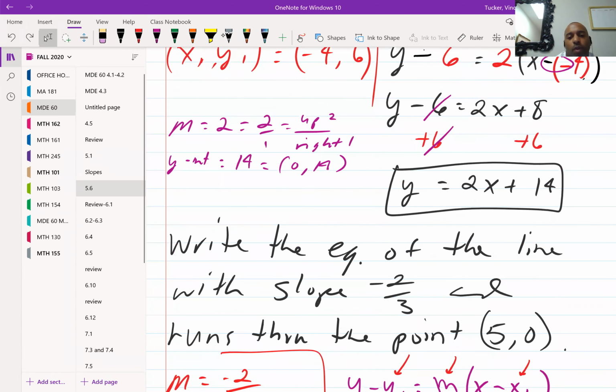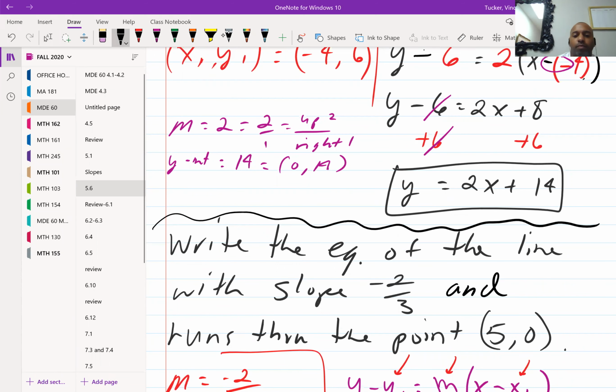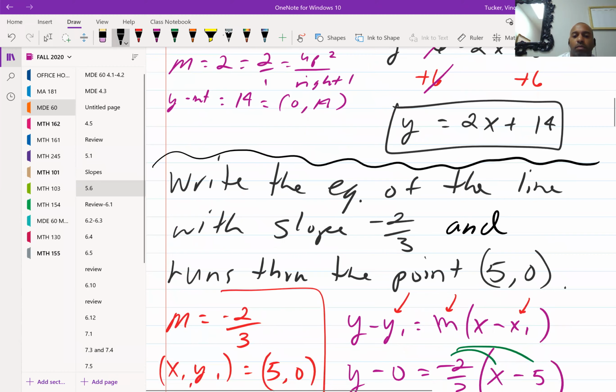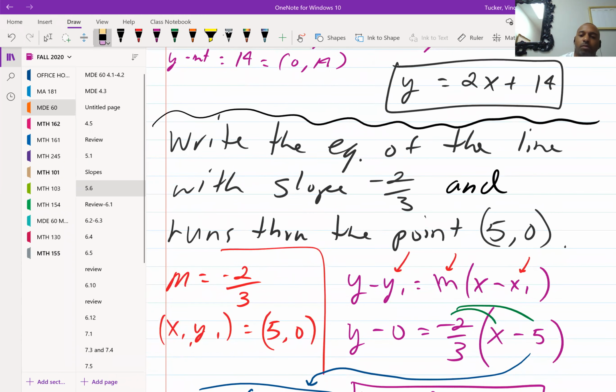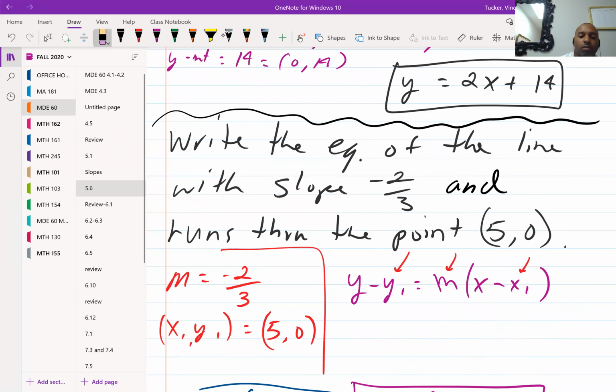All right, so next one, write the equation of the line with slope -2/3 and runs through the point 5, 0. Write that in there. All right, first thing we do, once again, is we recognize what our given information is.